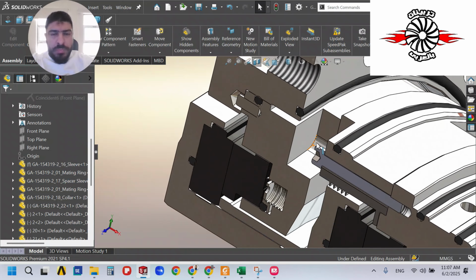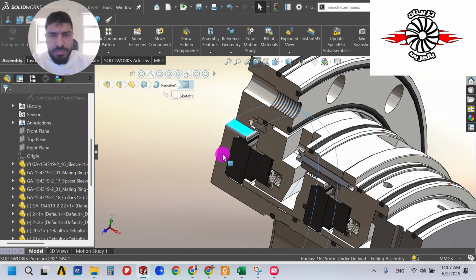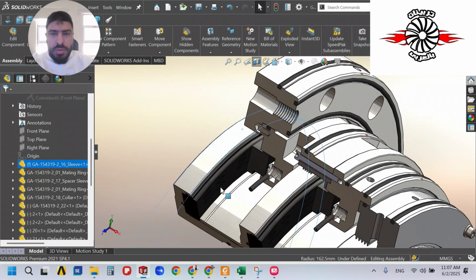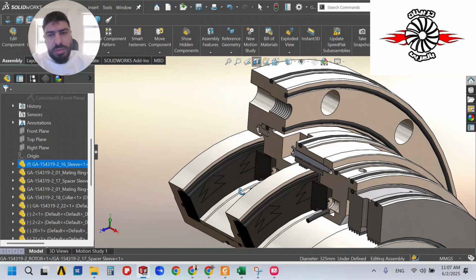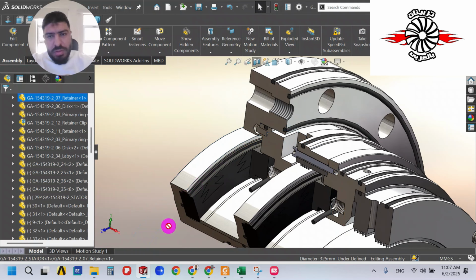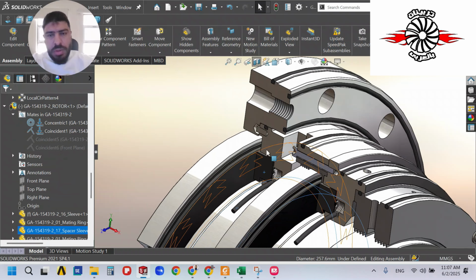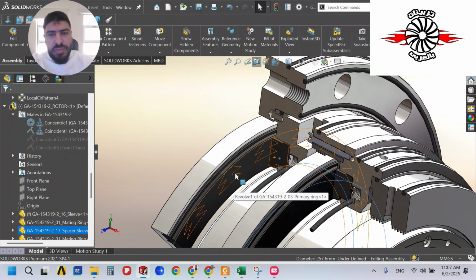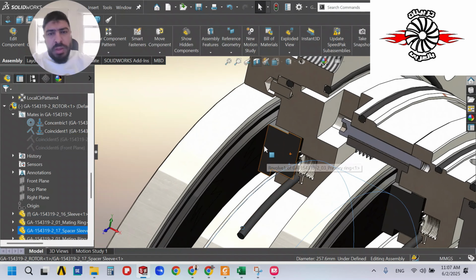So during operation, the rotating part starts to rotate with the shaft, and the gas enters this groove. If the shaft rotates in this direction, the gas will enter the groove and a lifting force will form here.